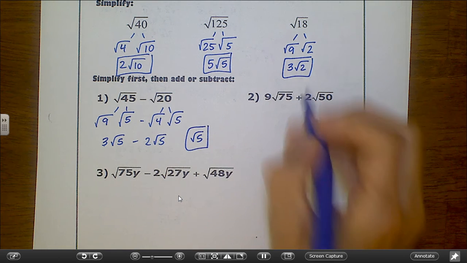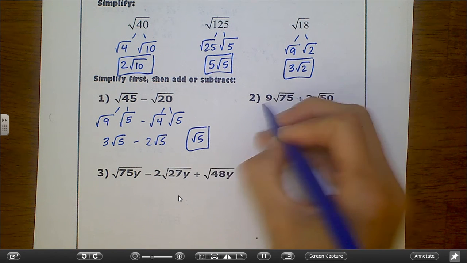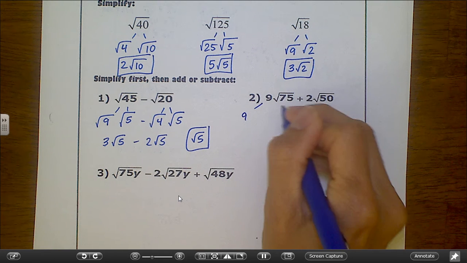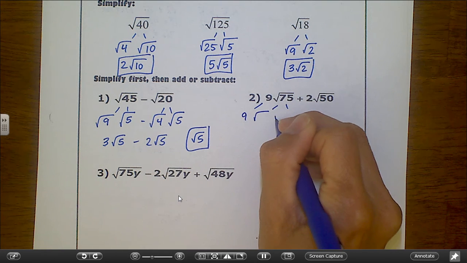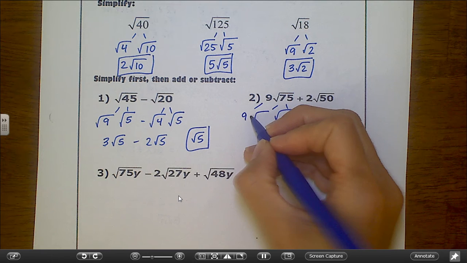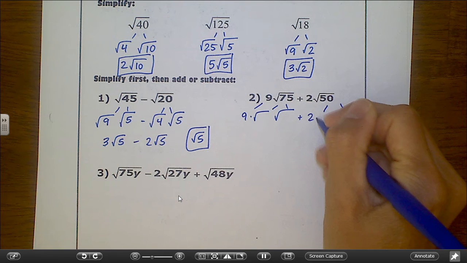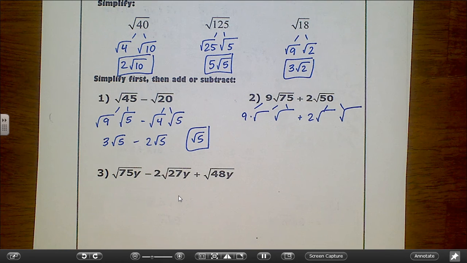All right. Now, when I have numbers out in front, I have to just kind of hang on to them for a little bit. So I am going to have to split up 75, but this 9 has to stay out on the outside. Same with this 2. And then we'll deal with that in a little bit.